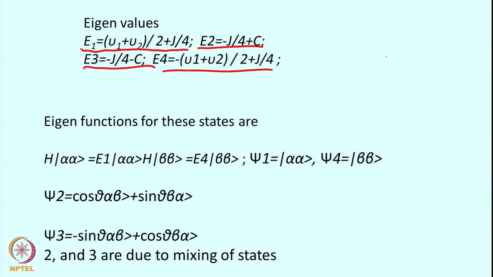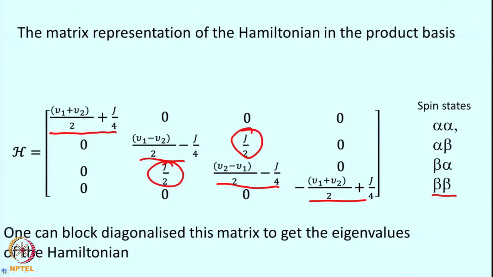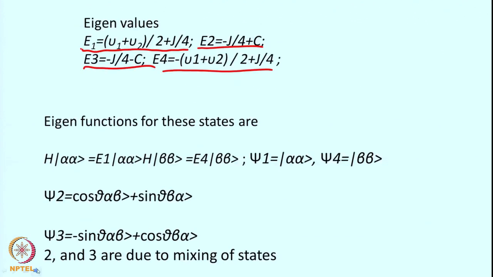So, these 4 states that we were talking about in the previous slides, we are getting the eigenvalues of these states. Now, the eigenfunctions of these states one can write out: Hamiltonian H applied to the alpha alpha state, we get the eigenvalue E1, and similarly for the other states E2, E3 and E4.